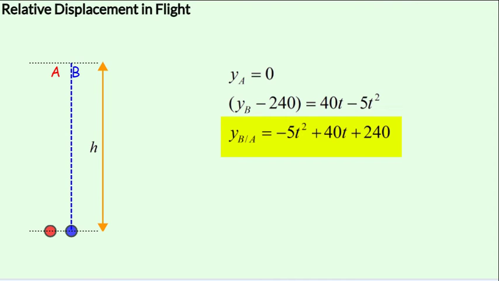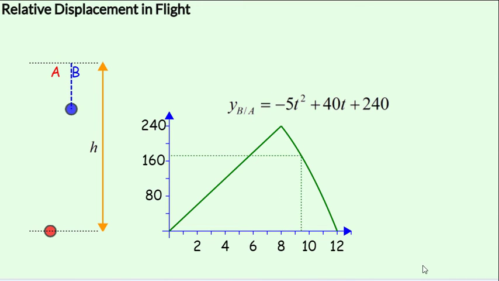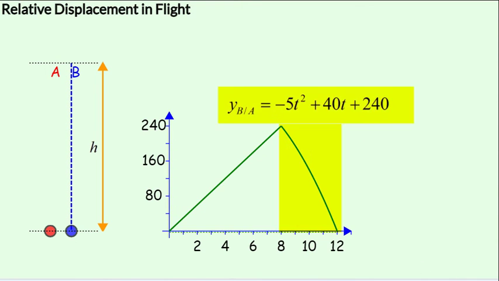Let's plot this in the next step, and remember that this is only for the second part, where A is already on the ground and B is falling from a height of 240 meters. This part represents the second part, where B is in motion.